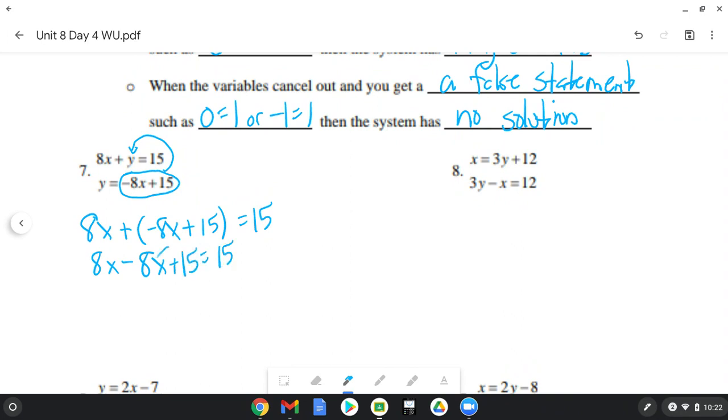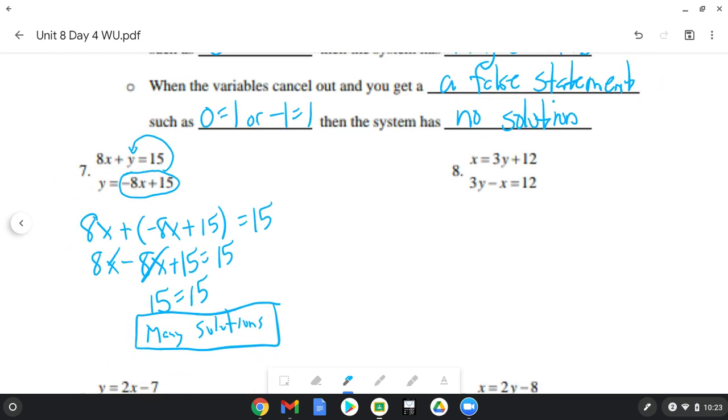So that would cancel out the x's, and in the end we get 15 equals 15. So we know that this is a special case because the variables canceled. And if the variables cancel, we need to decide if it's many or none. Since these two numbers are equal to one another, this is many solutions in the end. So that would be my answer for number 7.